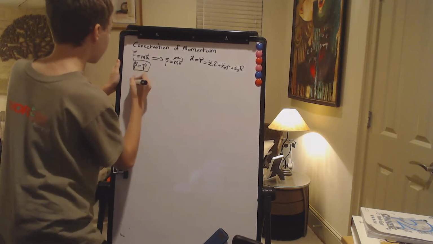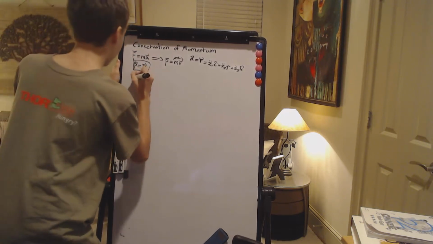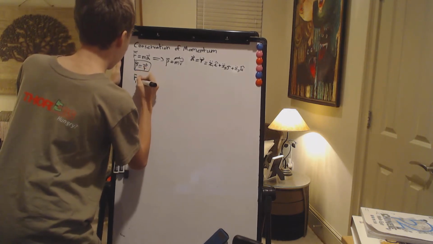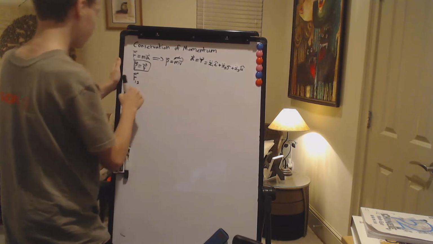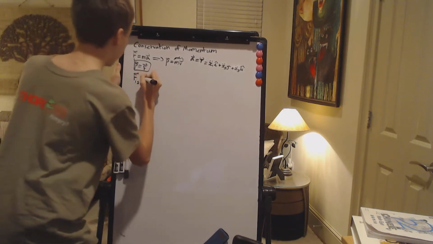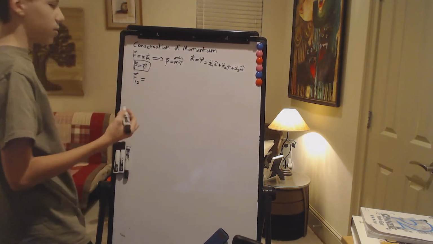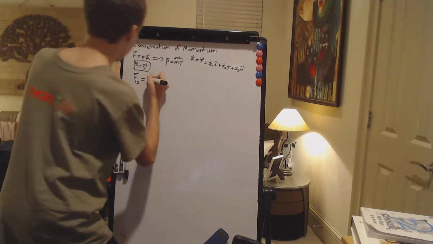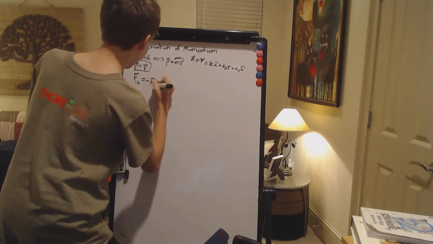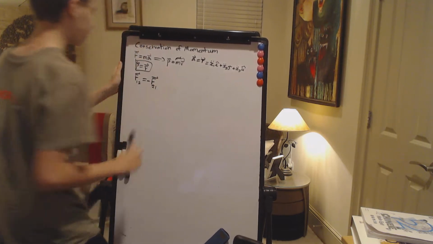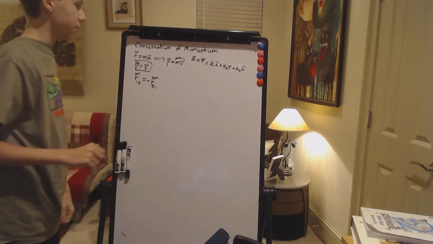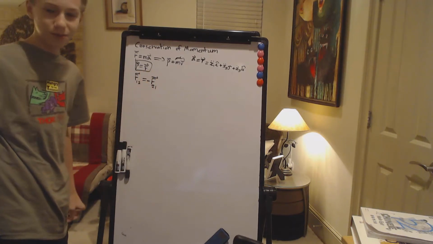And now Newton's third law: the force on 1 due to 2, in this two-particle system where we're dealing with point particles, is equal to the negative of the force on 2 due to 1. This will also be useful in our conservation of momentum video.